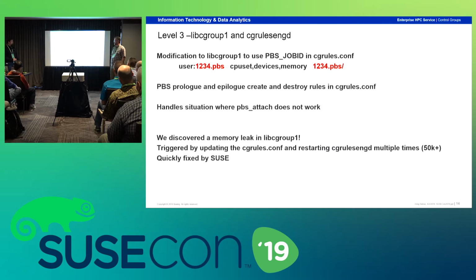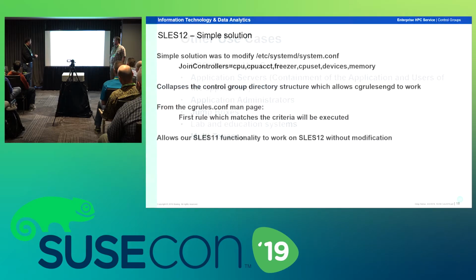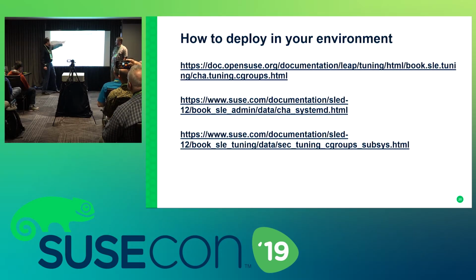So if any of you want to do this in your own space, there is some great documentation on the cgroup pieces. This tuning doc is actually very good. The openSUSE Leap docs were better than the core SUSE docs, so that's why I have the Leap docs up here.